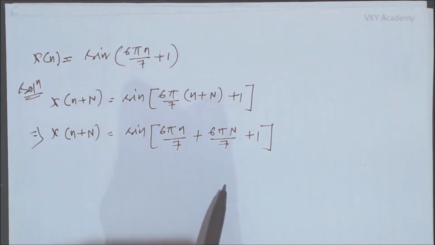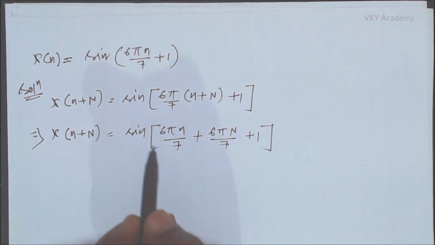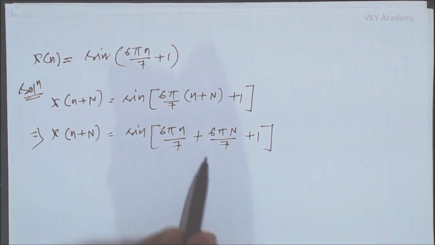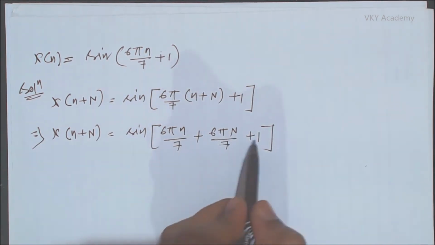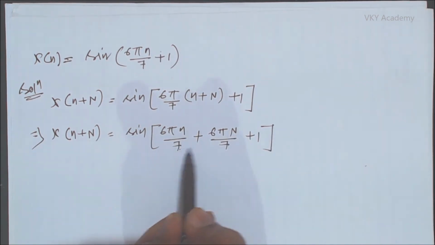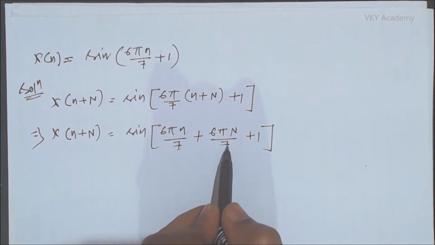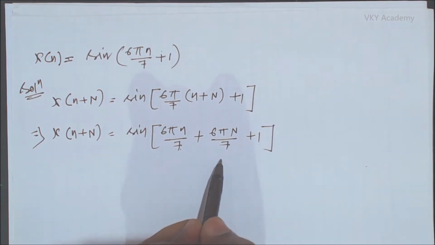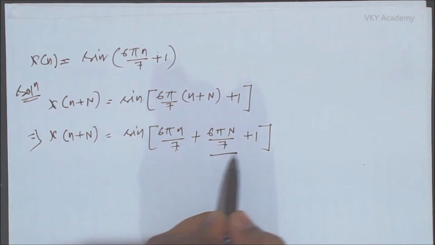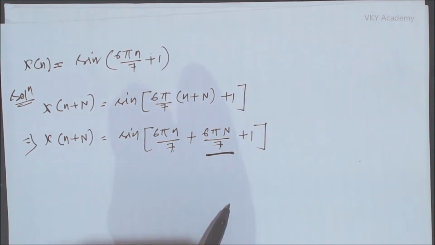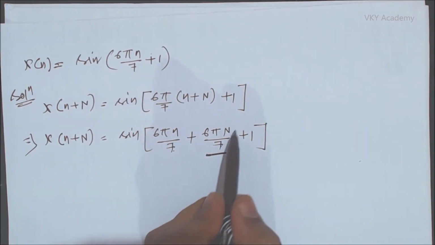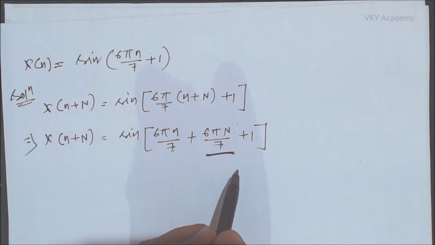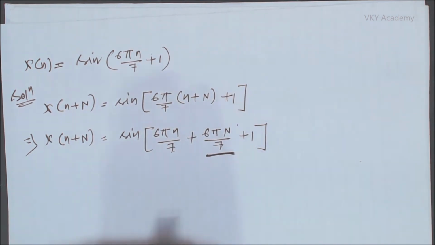As you can see, this sinusoidal function contains three terms: 6 pi small n divided by 7, 6 pi capital N divided by 7, and the last one is 1. We need to check which term contains capital N. This particular term contains capital N. We choose it because we need to calculate the fundamental period of the given discrete time signal, and capital N is the fundamental period.